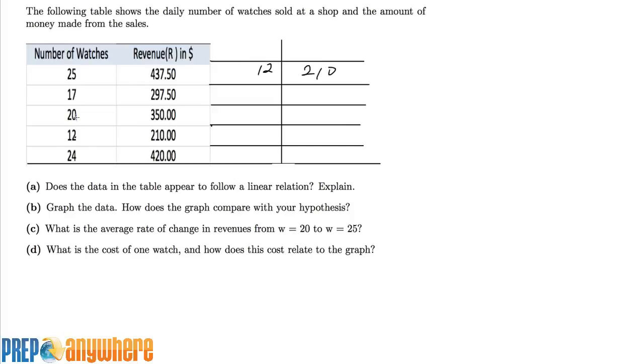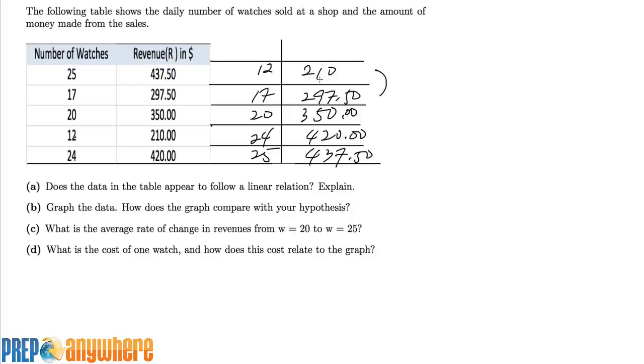The next number is 17, 297.5. The next one is 20, 350.00. The next one after 20 is 24, and then 25.